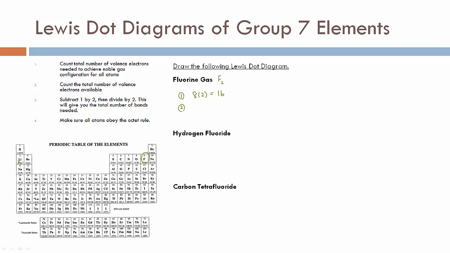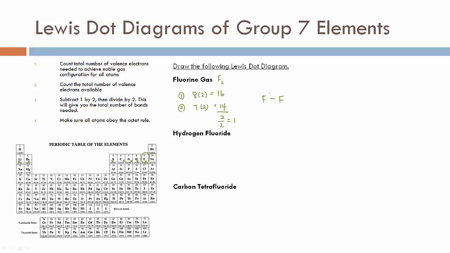So there are 1, 2, 3, 4, 5, 6, 7 valence electrons for each fluorine. So that's 7 times 2, and you get 14. Subtract 16 by 14, you get 2, divide that by 2, 1.